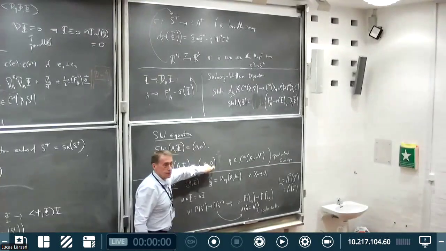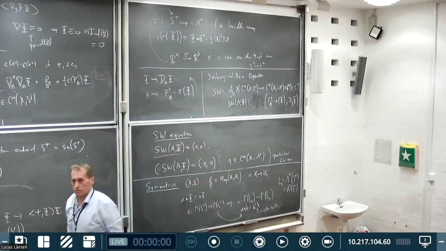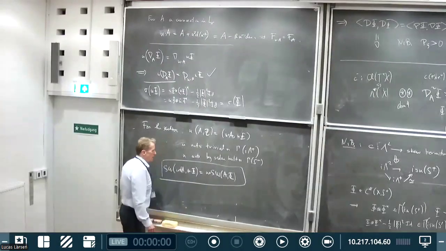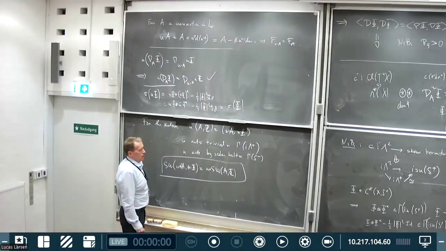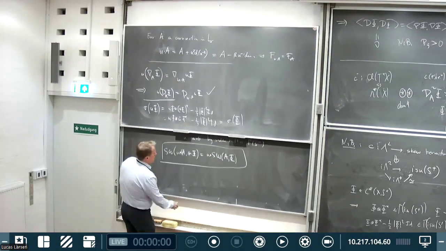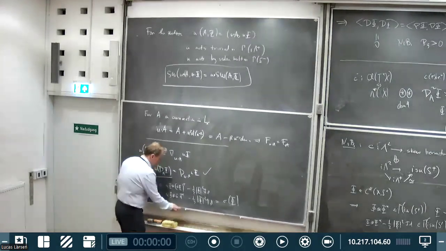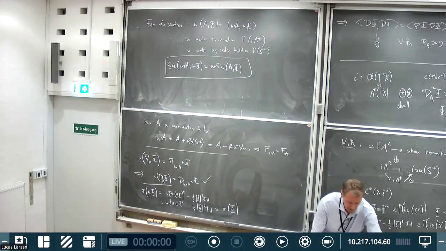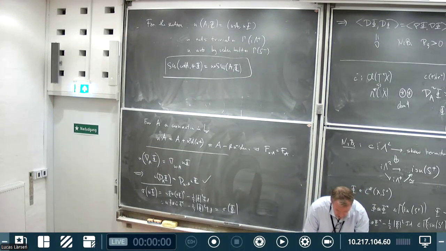But if I acted on the second coordinate, then the solution set wouldn't be invariant. Okay, so that's the Seiberg-Witten map.